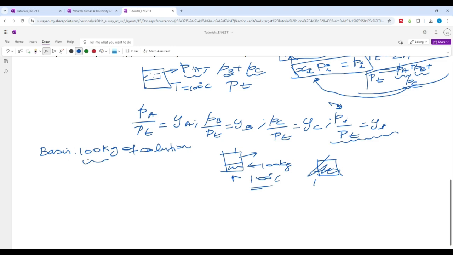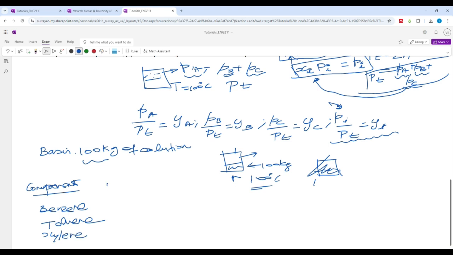So we have 100 kilograms of solution. Let's write the components involved. So what are the components involved? We have benzene, toluene, and xylene.